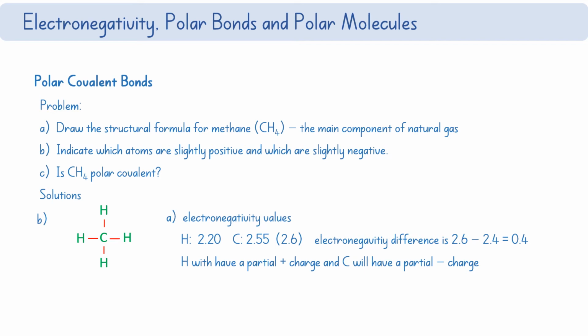So here is our diagram, carbon in the middle, the 4 hydrogens around, and the hydrogens we said are the positives, and carbon is the negative.